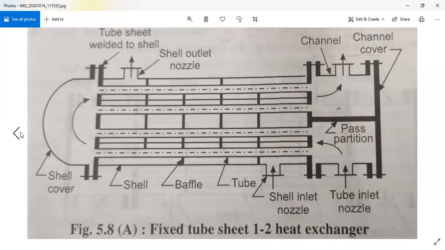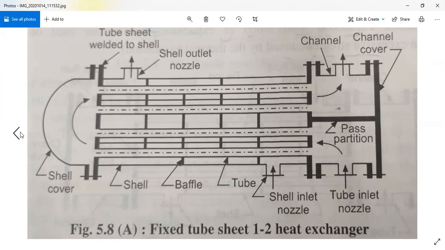Then there is another main type of shell and tube heat exchanger, the reboiler or kettle type heat exchanger. This reboiler or kettle type heat exchanger is again subclassified as reboiler type heat exchanger with internal floating head and reboiler heat exchanger with U-tube sheet.